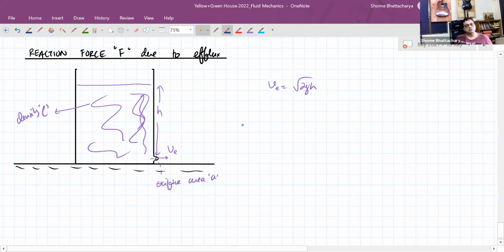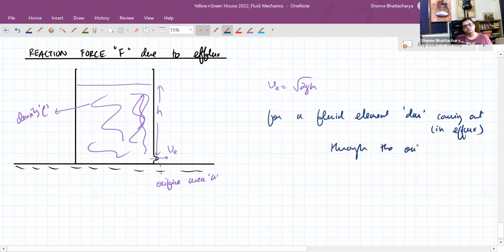And for a fluid element dm coming out in efflux through the orifice in time dt, the impulse acting from inside is equal to the change in momentum.